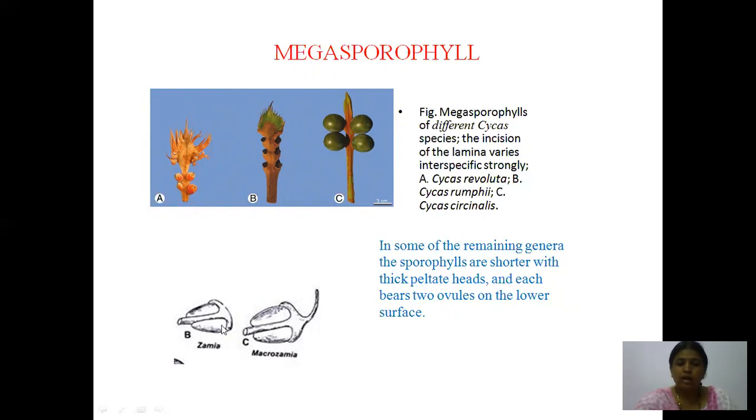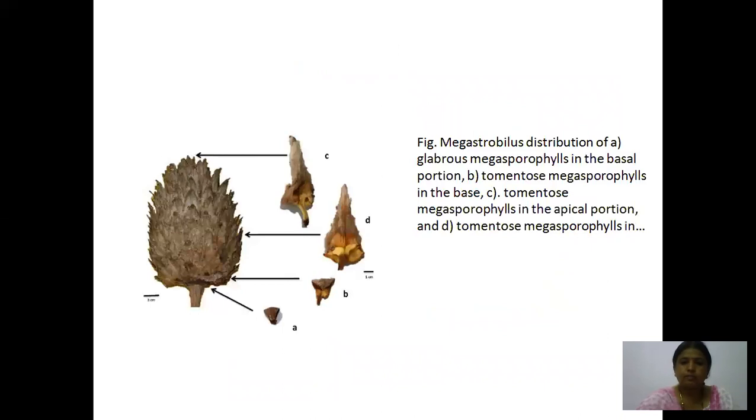So these are the advanced characters in Zamia and Macrozamia. The peltate head is known as an advanced feature in the evolution of megasporophylls of cycads. This is also the megastrobilus, and these are megasporophylls from the base to the top of the strobilus.